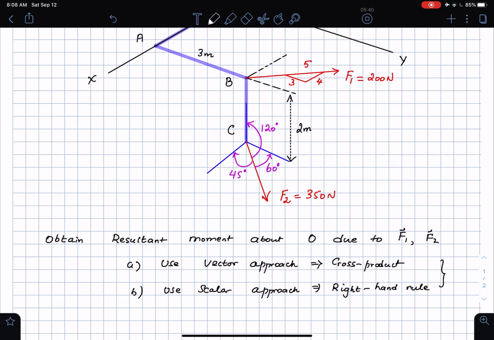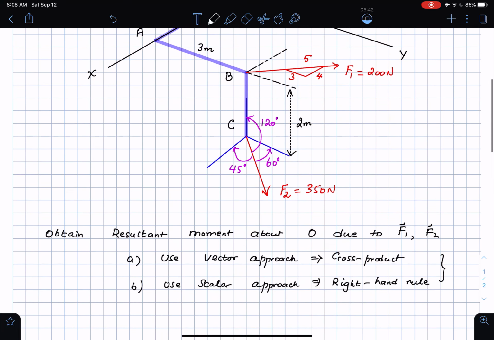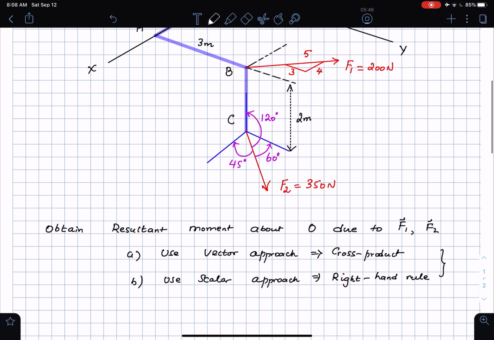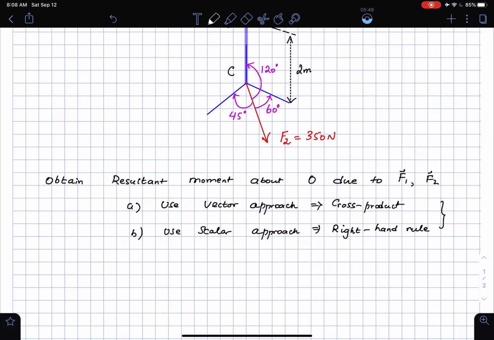Okay, and I'm going to make use of the vector approach first because that's what I've been asked to do first. Okay, so the other thing we got to do is recognize from the problem. Okay, using the vector approach, which is essentially the cross product. And using the scalar approach, which means that I have to contort my right hand to do my bidding.